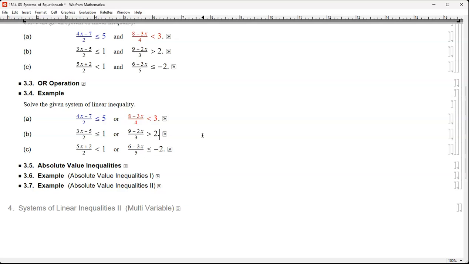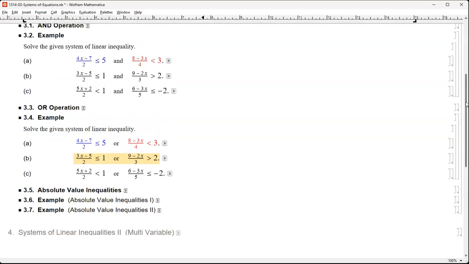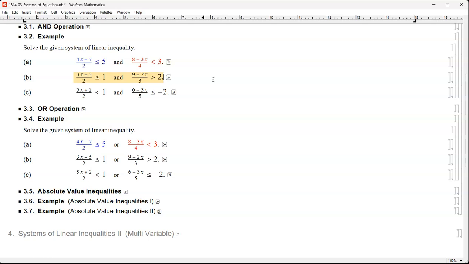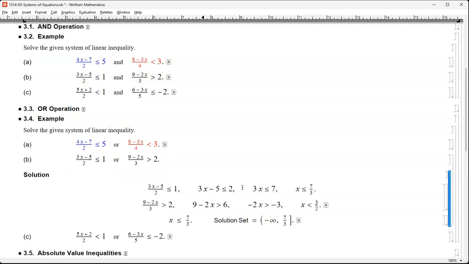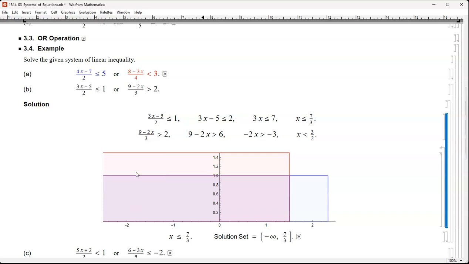Next problem. Well, this thing corresponds to this one here. So algebraically, we have x is less than or equal to 7/3, or x is less than 3/2, and then if I put those two together, we get this. Less than 1.5 versus less than or equal to 2.333 that.